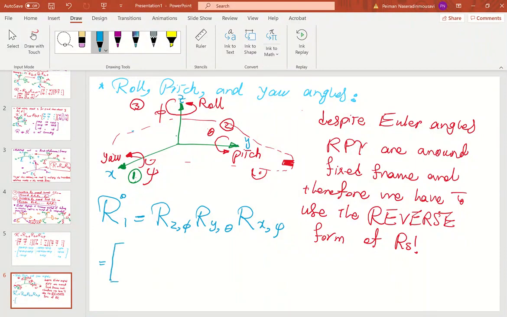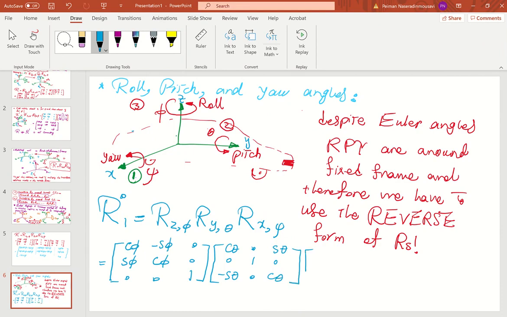So if you expand all of them, Rz with respect to phi, you get this. I'm just skipping because I want to save time. You can derive this by yourself for practice. Cosine phi and the z, and 0, 0, 0, 1. Ry is going to be cosine theta, minus sine theta, 0, 1, 0, sine theta, 0, cosine theta.